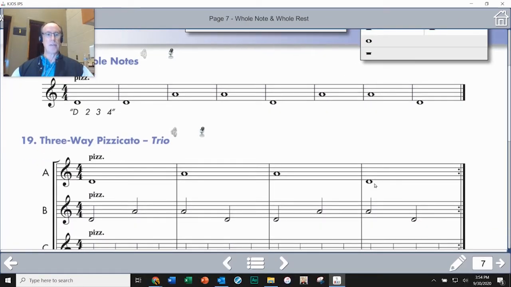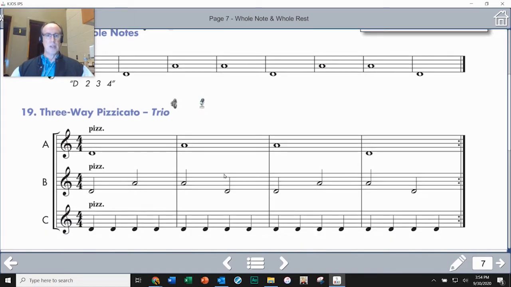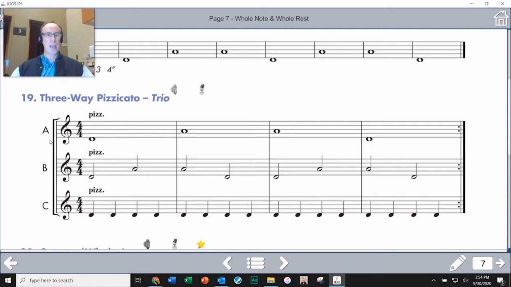Number 19, 3-Way Pizzicato Trio. There are three lines, line A, line B, and line C. These three lines are joined together with a big black bracket over here. That means when we read this song that there are three groups of players playing all at the same time.